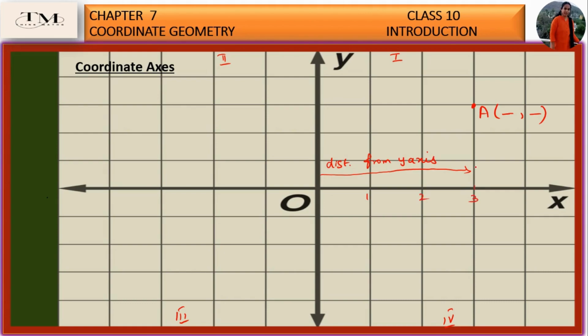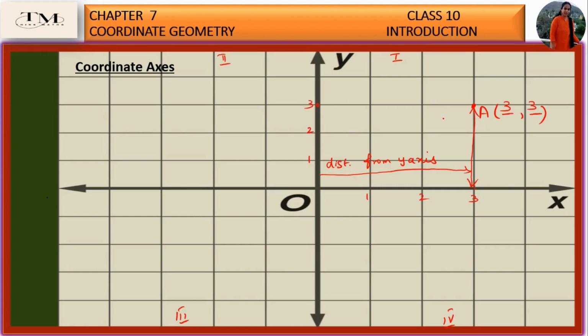On the x-axis it is plotted straight to 3. So this value is 3. The second one is the distance from the x-axis. What is that distance? It is the vertical line parallel to the y-axis. This point, 1, 2, 3, so it is straight to 3.